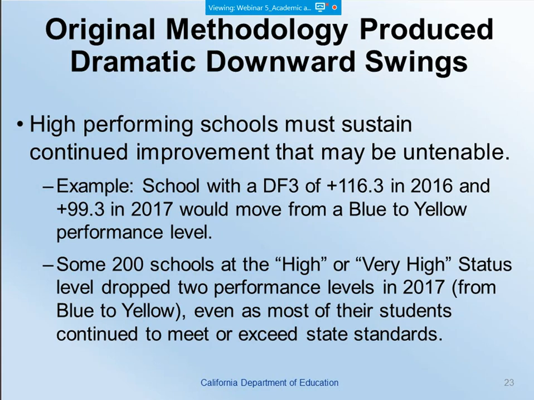So one example of how that could happen: a school with a DF3 of over 116 points in 2016 and close to 100 points, say 99.3, in 2017 would move from a blue to a yellow performance level. Again, as the vast majority of students are doing very well, meeting or exceeding the standards.